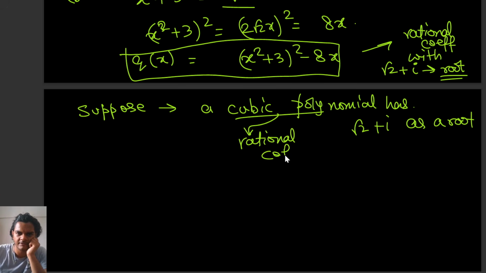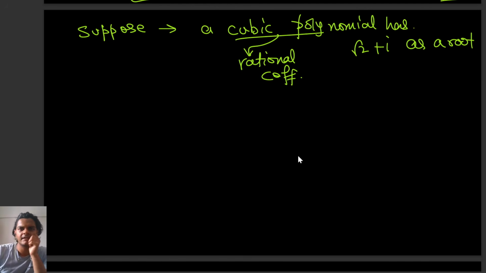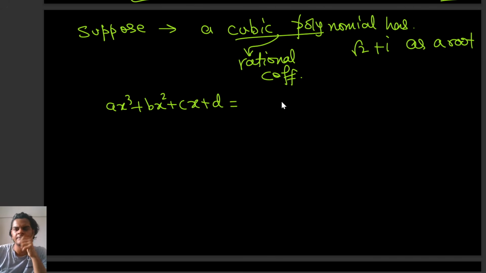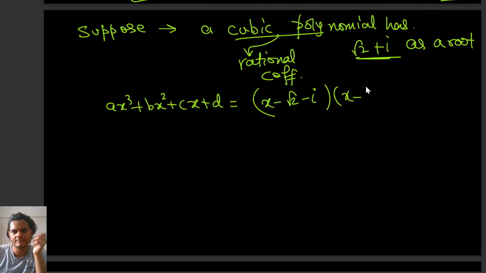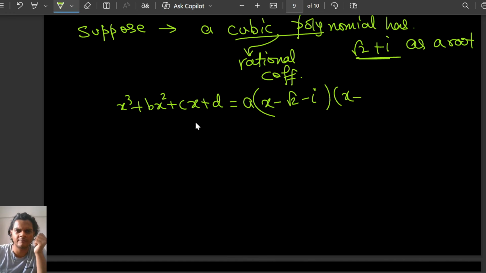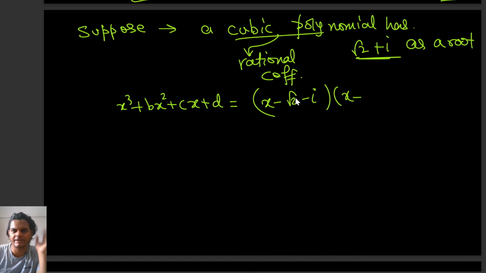Rational coefficient. Right? That means the cubic, let's say ax cube plus bx square plus cx plus d, has to be, since one of this is a root, so x minus root 2 minus i, x minus, okay, some a into that. Let's take a monic polynomial, so we don't have to worry about that. x minus root 2 plus i, and let's say it has some real root.